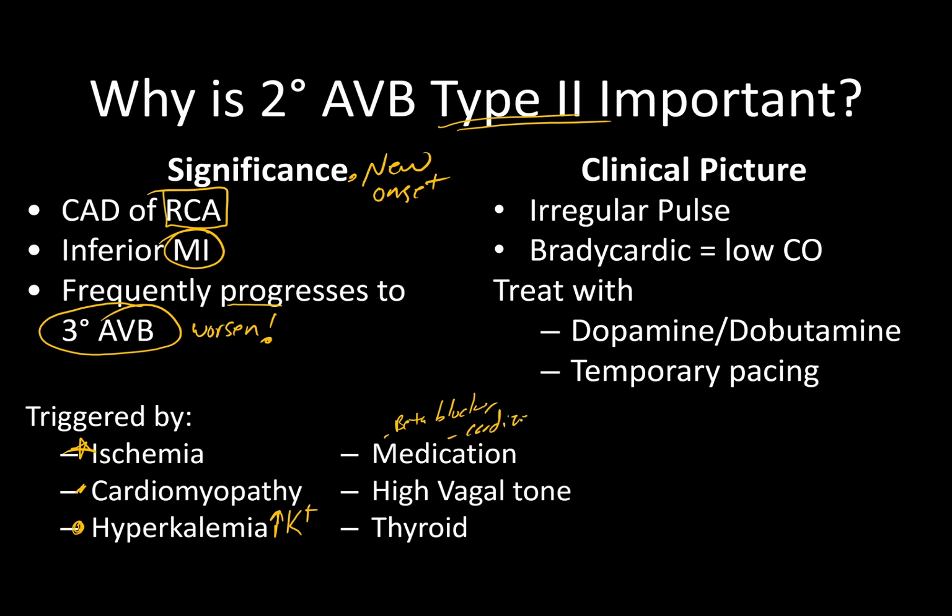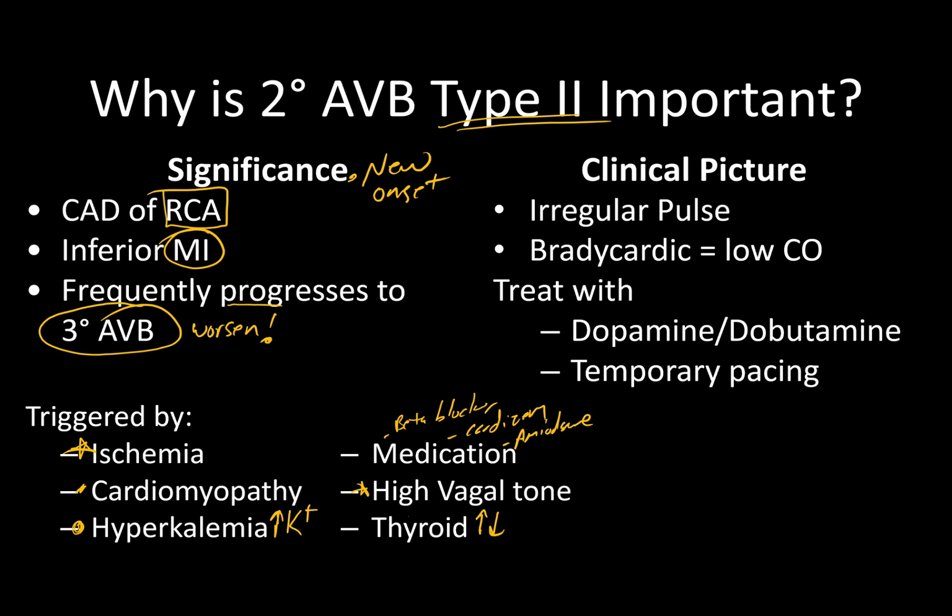Cardizem can do it. Amiodarone. High vagal tone, so you do the vagus, you have a patient vagal down a little too much. And your thyroid, either up or down, could be a cause.